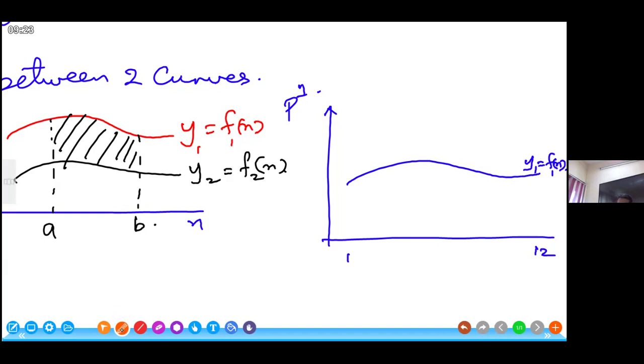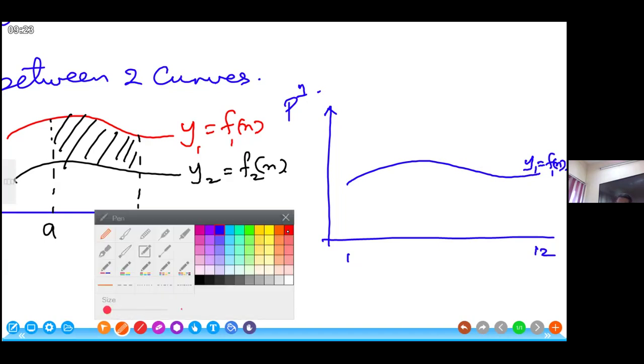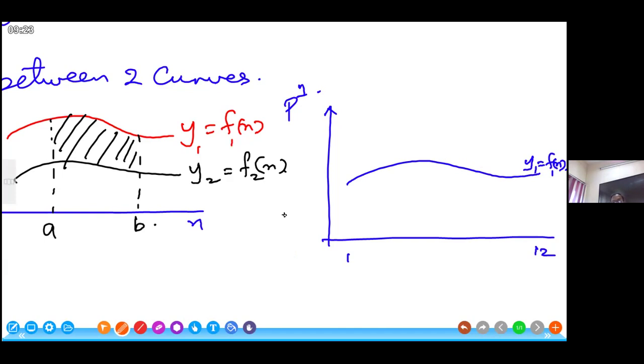But sometimes we are not fulfilling our total requirement. This is the country's requirement, Y2 equals F2(x). The country's requirement. So for a given time period, as an example, what is this shaded area?